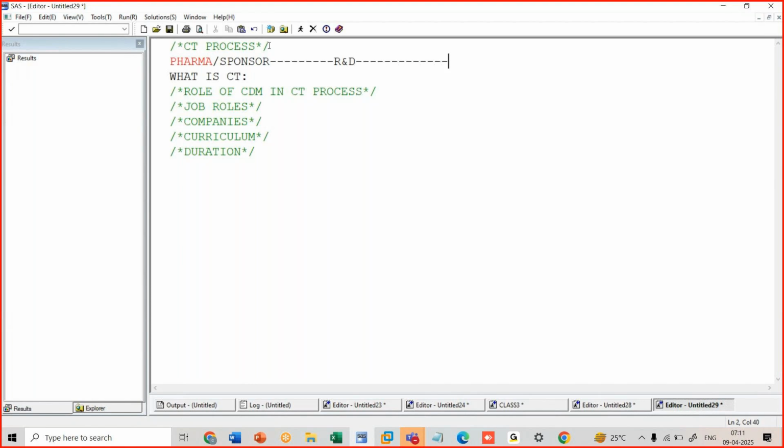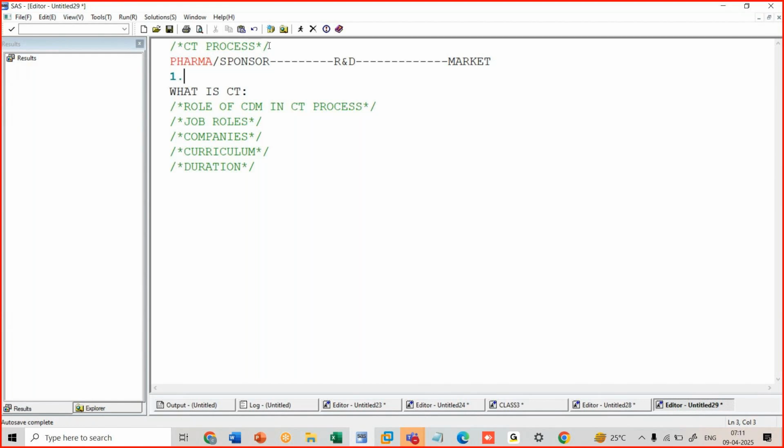So once they do R&D, they will release the drug into market. But before they go to market, they should get approvals from the concerned regulatory bodies. So before that, we should test the drug on animals. We should also test the drug on human beings.